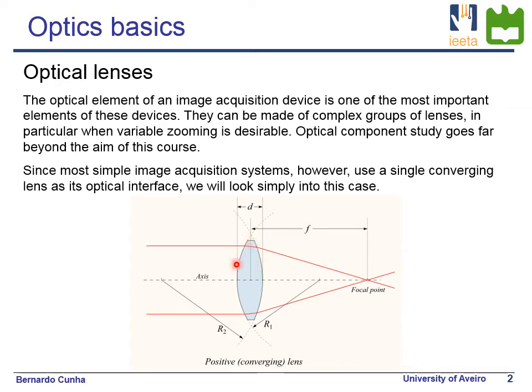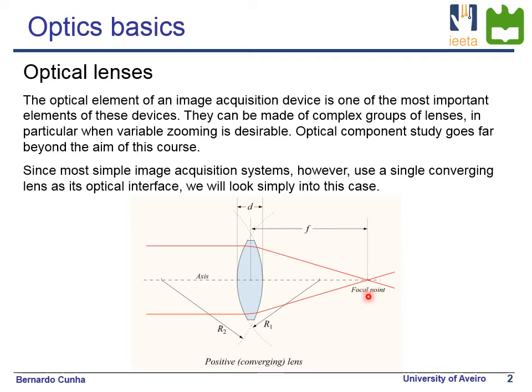So this represents a lens with a certain radius, and one of the basic principles of this lens is, if we assume that all sources of light come from infinity, so they are parallel between them and they are normal to the axis of the lens, then they will go through the lens, deflect, and all converge in a unique point called the focal point.